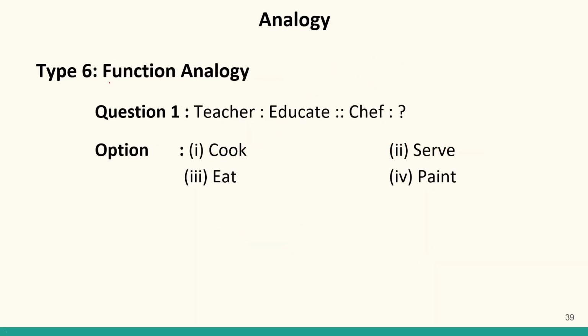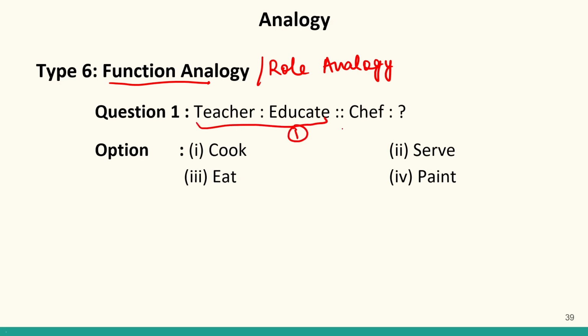Okay. Function analogy, also known as role analogy. In function analogy or role analogy, we basically find the function, the logic that is used in the first pair, and we have to use the same functional logic in the second pair. Over here, I can write that a teacher teaches, right?